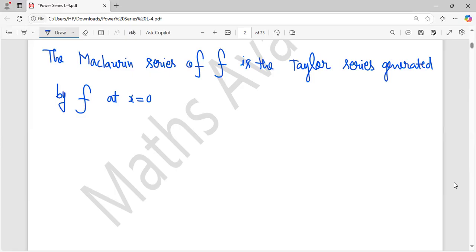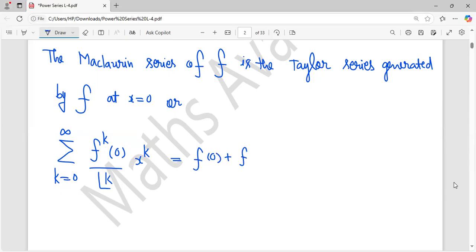It means the Maclaurin series is the summation k goes from 0 to infinity of the kth derivative of f at 0 upon factorial k, times x to the power k, which is f(0) plus f dash 0 times x plus f double dash 0 and so on.